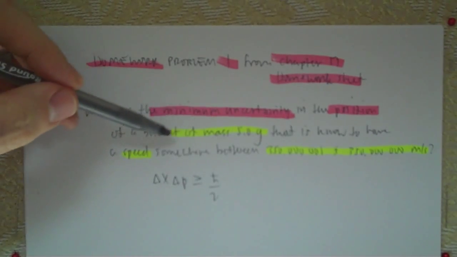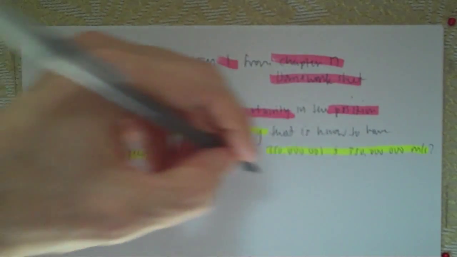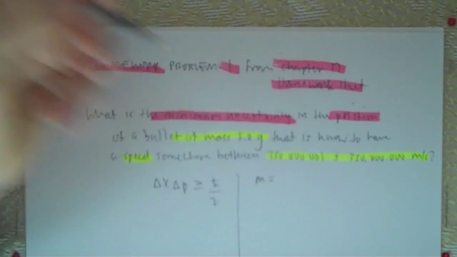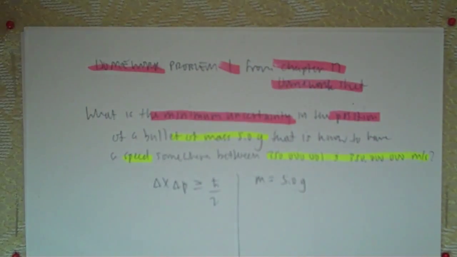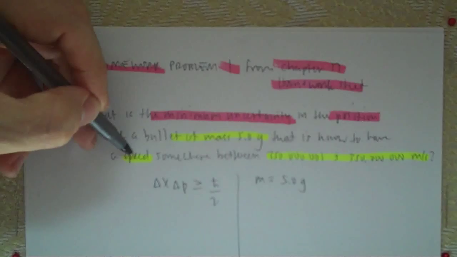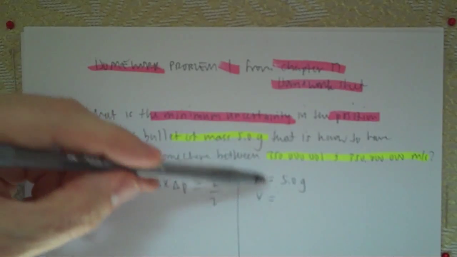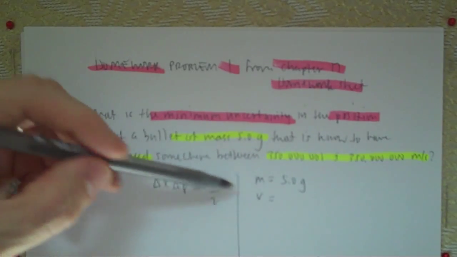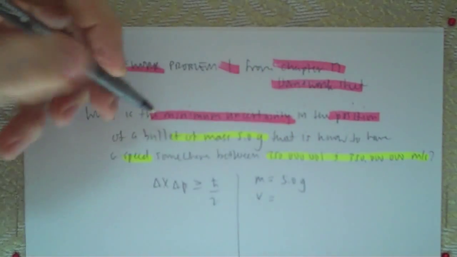Now I'm going to interpret the question itself. The bullet's got a mass of 5.0 grams, and a speed, which I'll call v for velocity, somewhere between these two amounts. M times v is p, so maybe we'll have something to do with that. Actually, this is delta v, because it's a range.